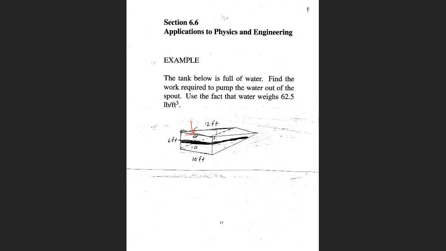So just like the example where we had the cable pulling the elevator, we needed to find the work to lift the elevator 30 feet, but then we also had to find the work needed to lift the cable 30 feet. That's the part where the Riemann sum came in, because the cable works differently.